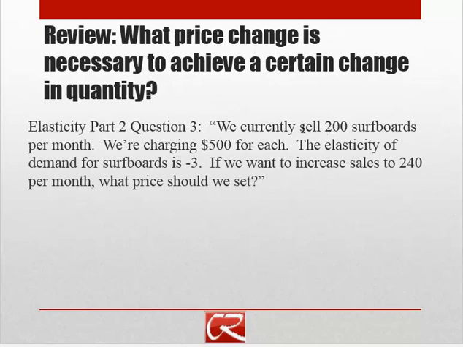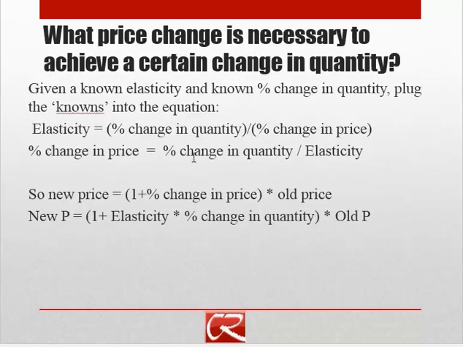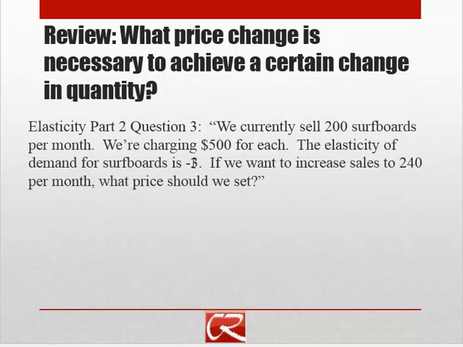If we want to achieve a 20% increase in quantity, then what do we do? We take that 20% increase in quantity and we divide by the elasticity. So we know that elasticity is -3, so we're going to take 20% and divide by 3.